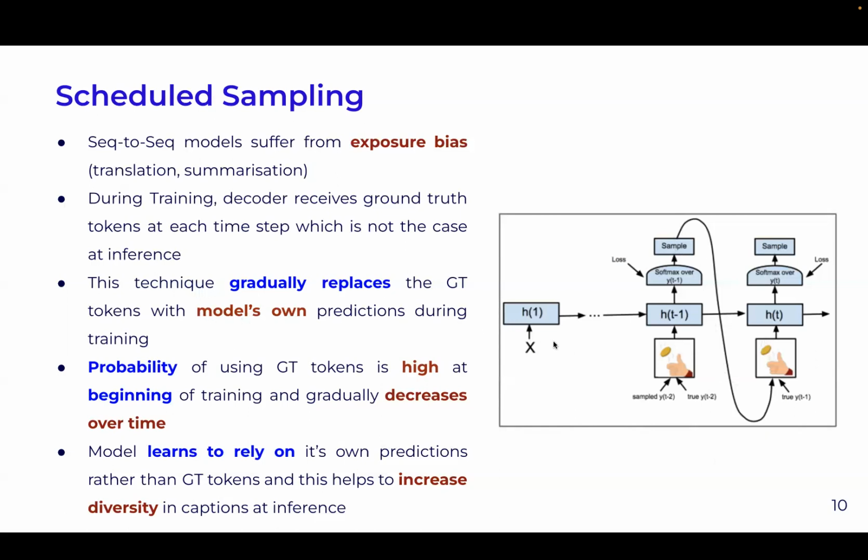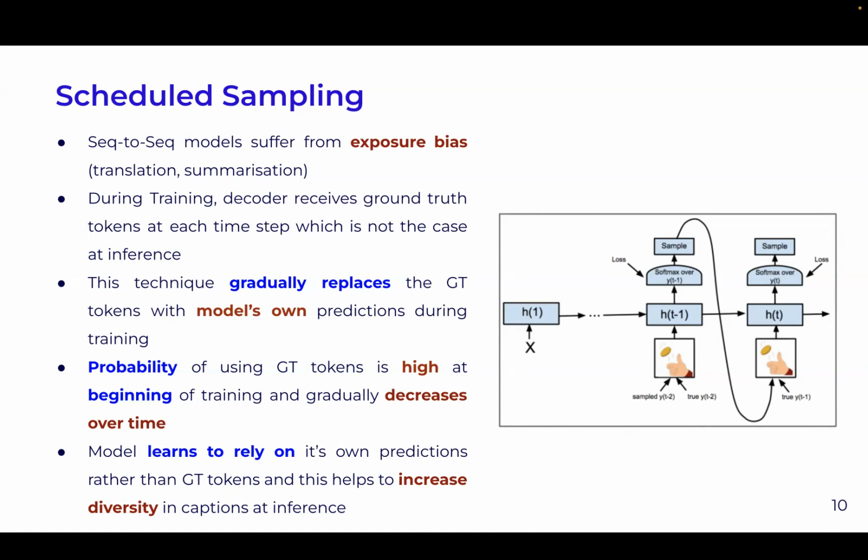But the disadvantage of this approach is that during training we are showing all the ground truth tokens to the model, but in inference we are not. Because of this, whatever the model has learned during training, it tries to use the same kind of words during inference as well. So there won't be any diversity, because for image captioning, as I mentioned before, each image is fed with just one ground truth caption.